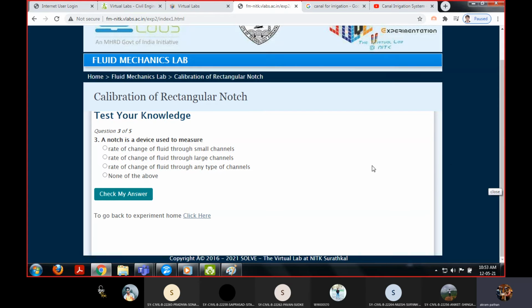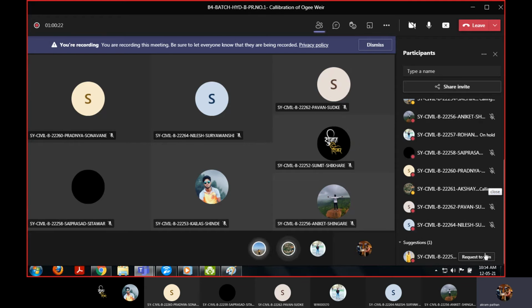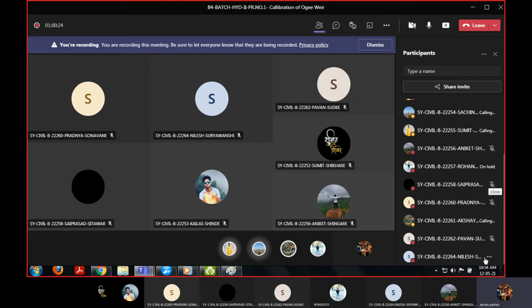So can anybody tell me which option is correct? व्हिडिओ मध्ये सुद्धा आता बघितलं तुम्ही याचा आन्सर. Which option is correct? Anybody else? इतकं वेळ कशाला लावता रे तुम्ही? कैलाश शिंदे.